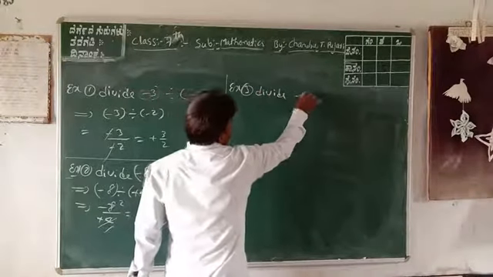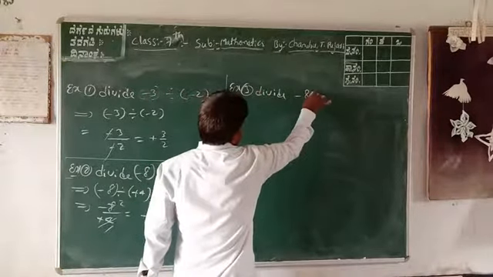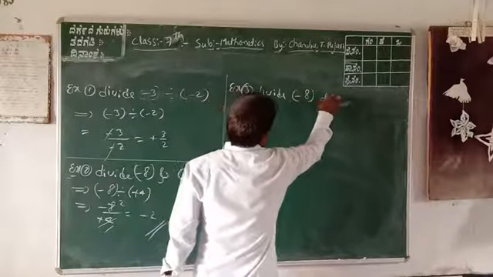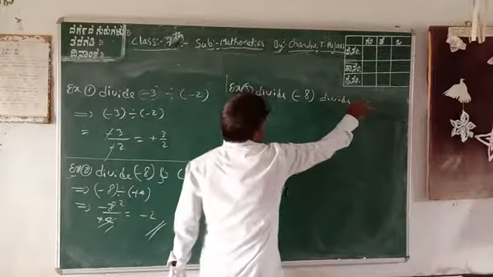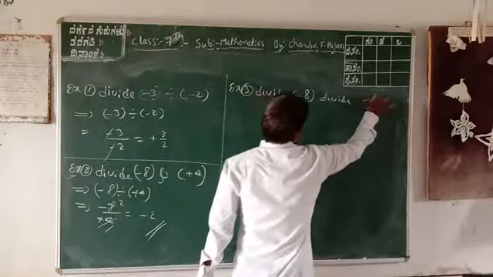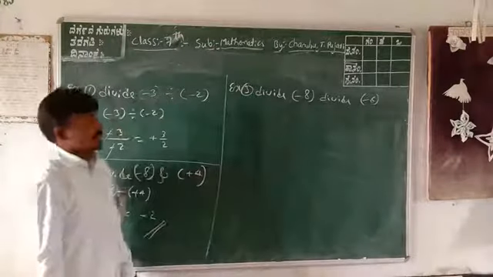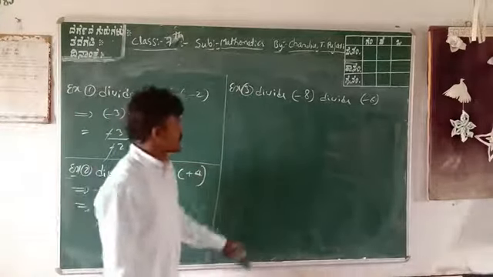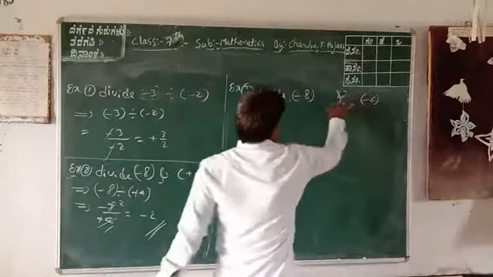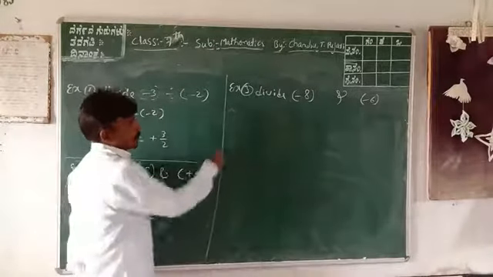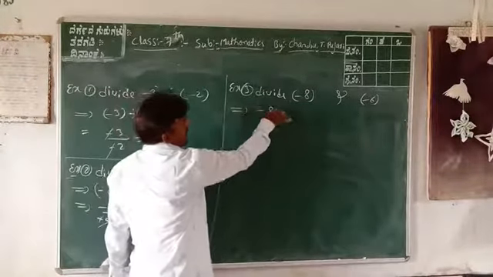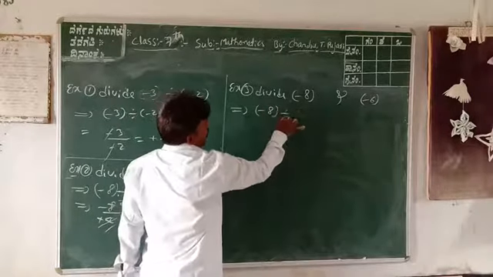And next, the third example: divide minus 8 and minus 6. The solution is minus 8 divided by minus 6.